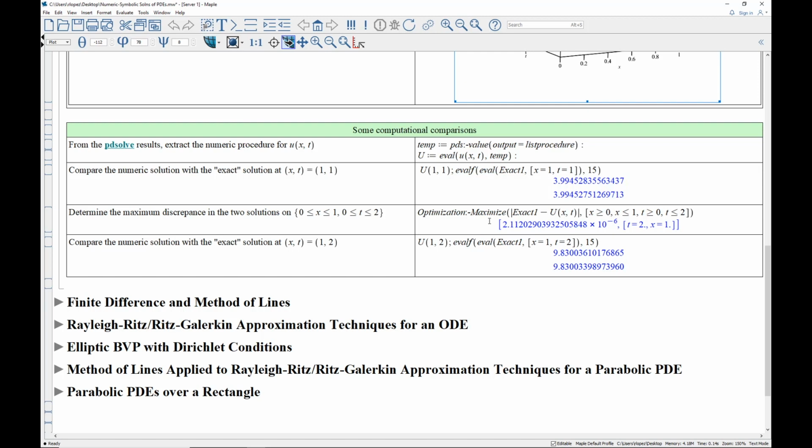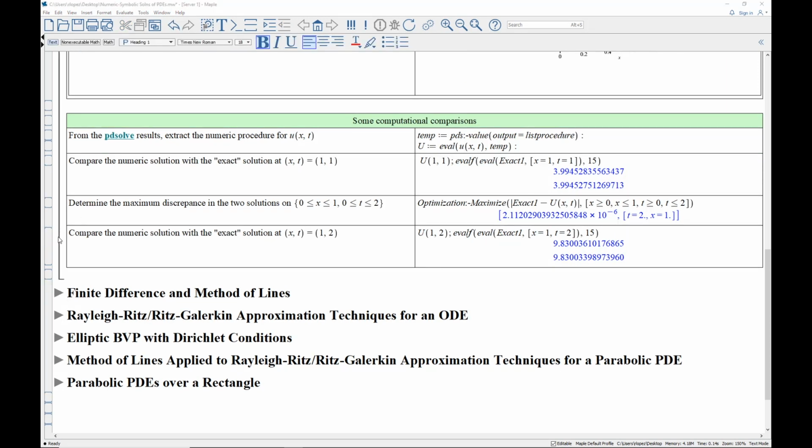You can look at the two solutions over the domain to see where the greatest discrepancy is, and at the corner of the domain, the biggest discrepancy is 2 times 10 to the minus 6. So looking at that corner point in both the numeric and exact solution, we can see they are pretty good to about 5 decimal places.